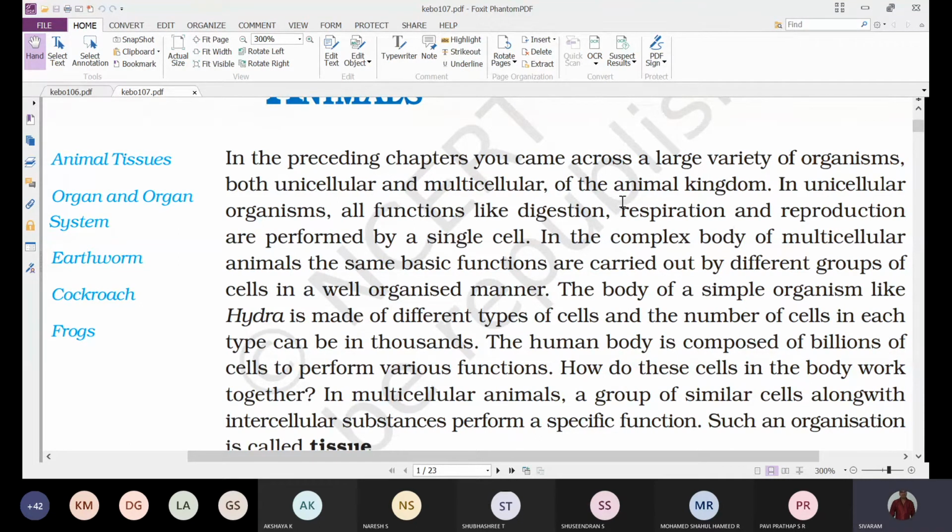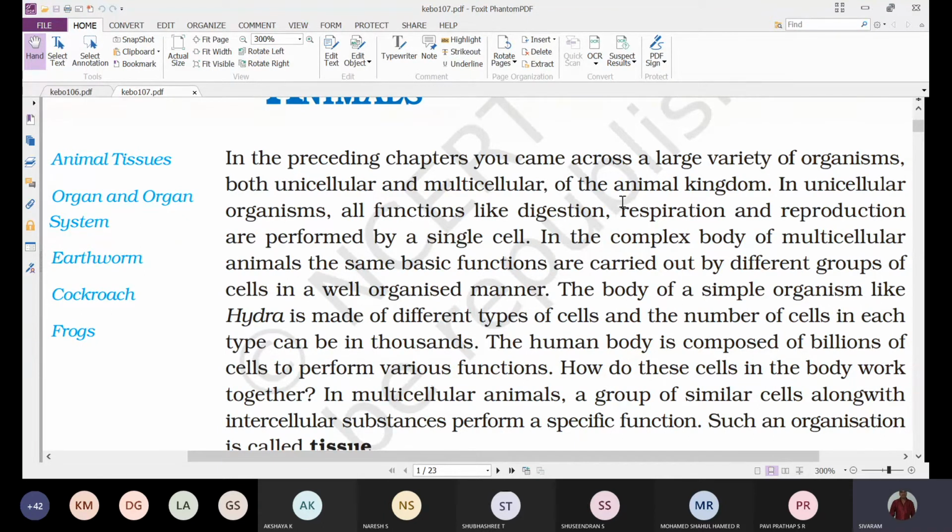So whatever functions are carried out in a unicellular organism by a single cell, the same physiological functions we can observe in the higher multicellular organisms. The basic functions remain the same, but are carried out by different types of cells in a well organized manner in the form of tissues, organs and organ systems.